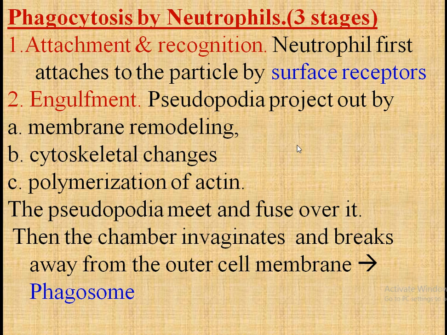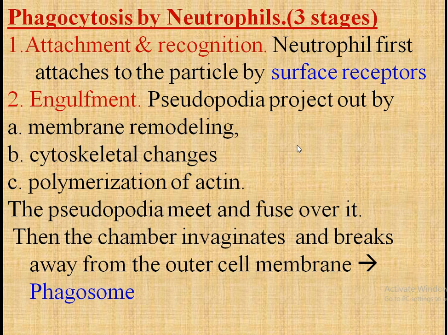If the surface is not smooth, if their protective coat is damaged, because of that they are going to recognize the infective site, and after that, they will attach to it. Neutrophil first attaches to the particle by surface receptors.